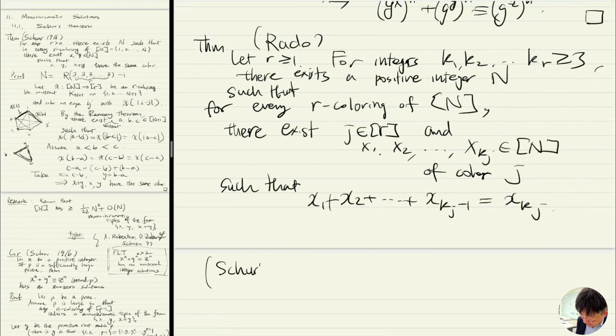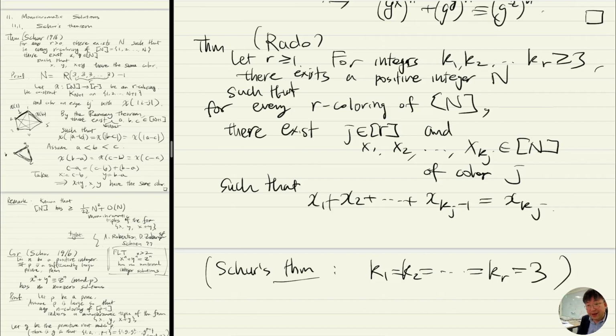Schur's theorem is the case when k1, k2, and all these are 3.